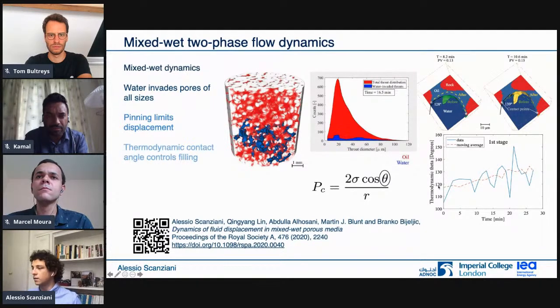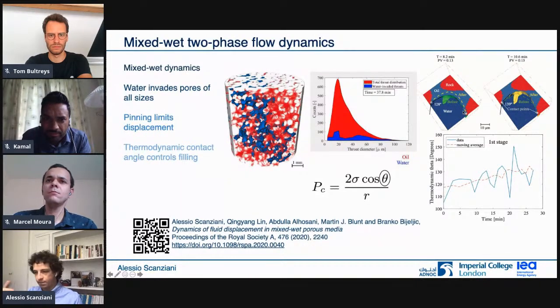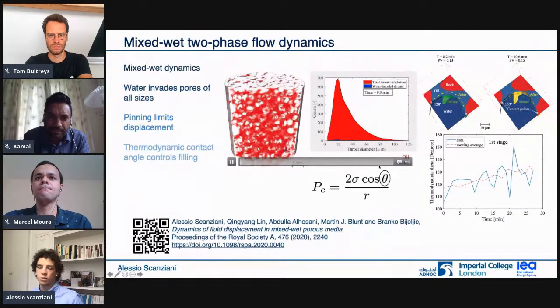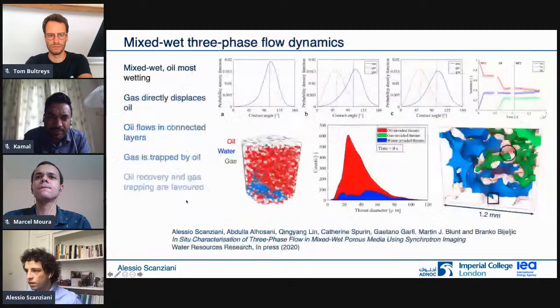We saw that the thermodynamic contact angle increased during the displacement because of the formation of pinned interfaces, which had to be overcome to allow for the flow. So this caused the thermodynamic contact angle to increase during the displacement, demonstrating that this has an impact on the flow dynamics.